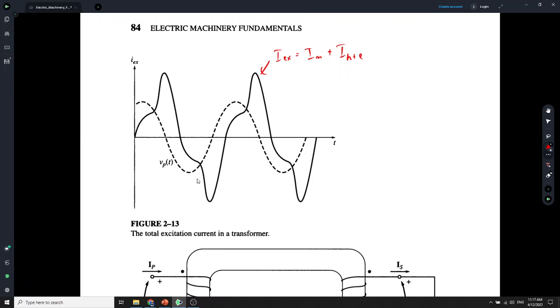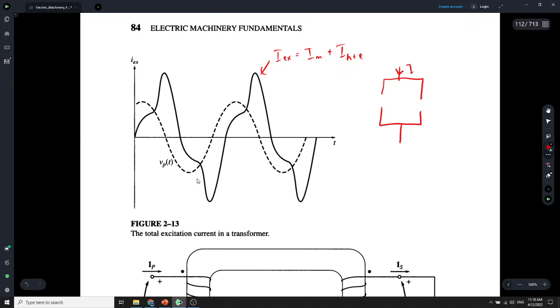Since they have two components here, this is like a parallel. We have two components, and we don't know which one is a resistor, inductance or capacitance. What we know is it's like a junction.